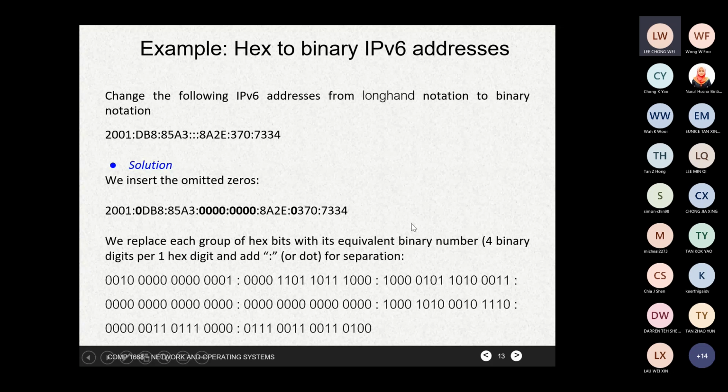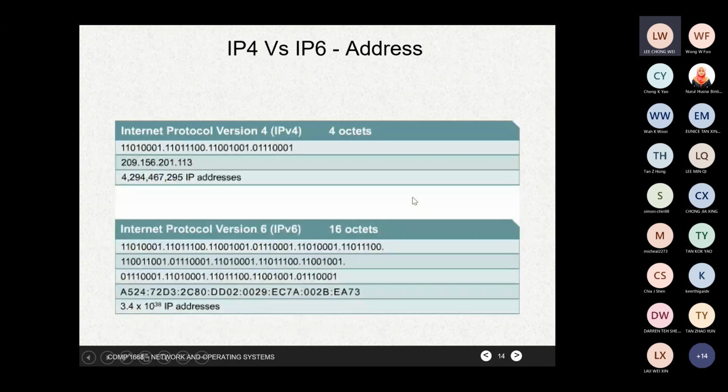So do it correctly, do it carefully. IP version 4 versus 6, more examples: 4 octets versus 16 octets.